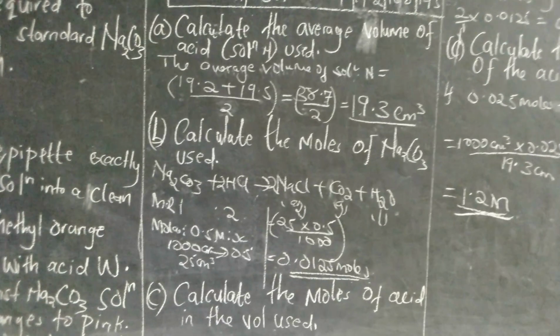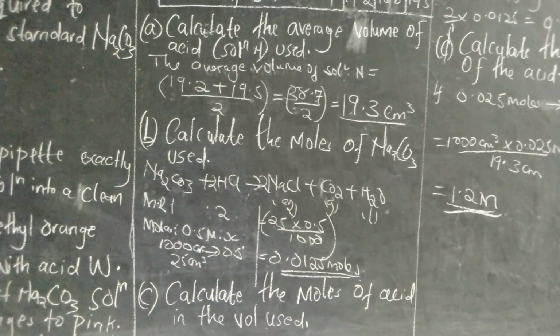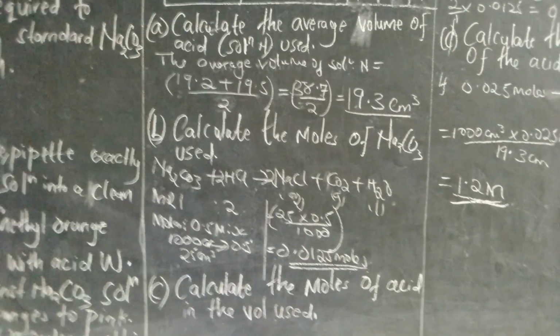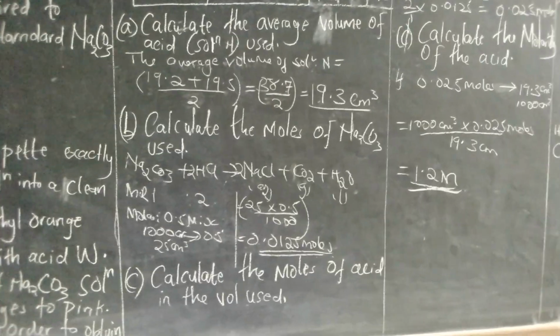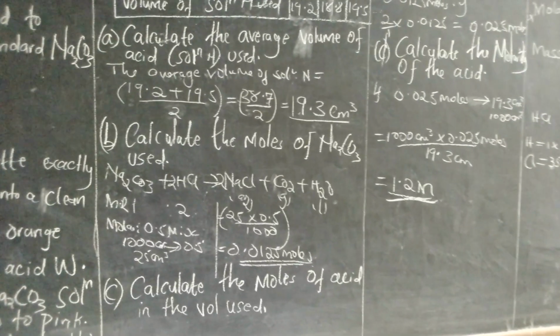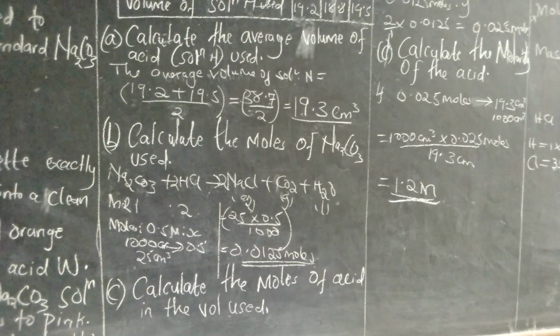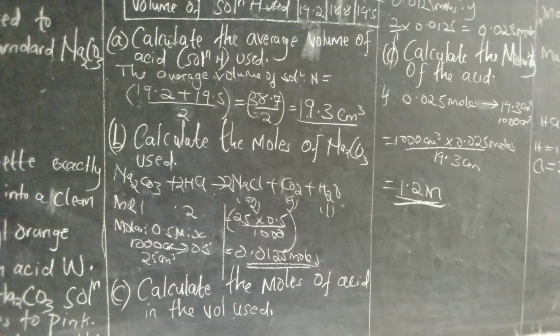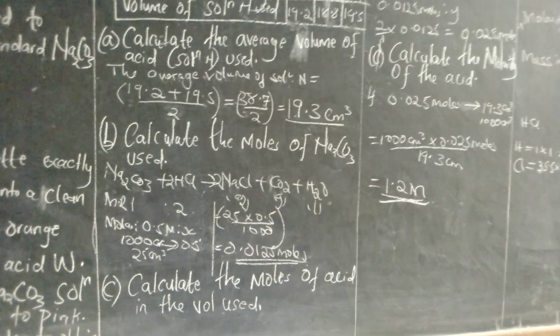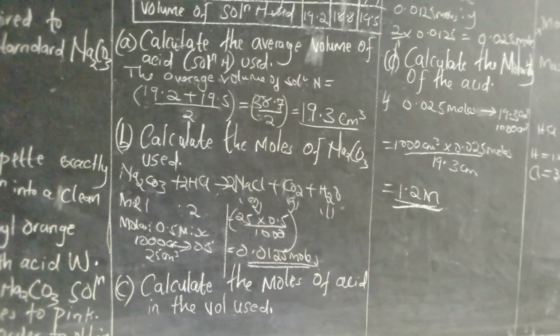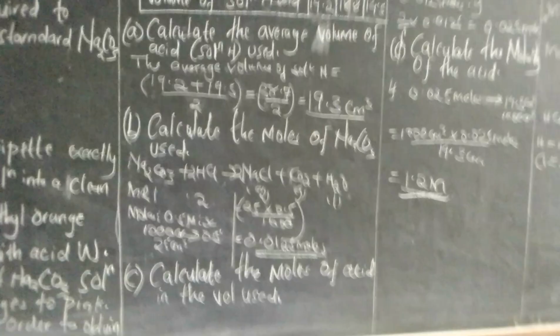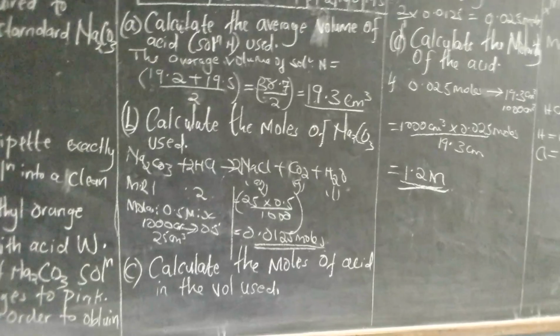On the product side, we get sodium chloride, carbon dioxide and also water, which we have indicated in their states: water is liquid, carbon dioxide is gas, and sodium chloride is aqueous. Also HCl is aqueous, and sodium carbonate is also aqueous, which we are supposed to indicate.